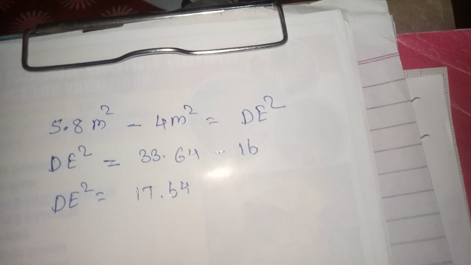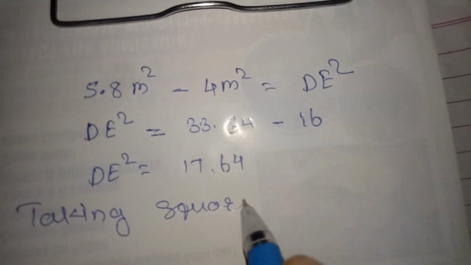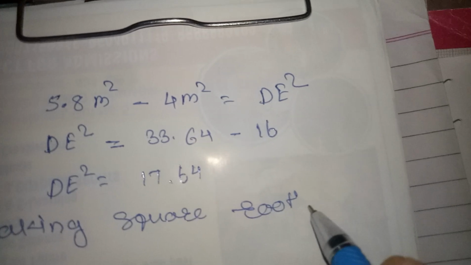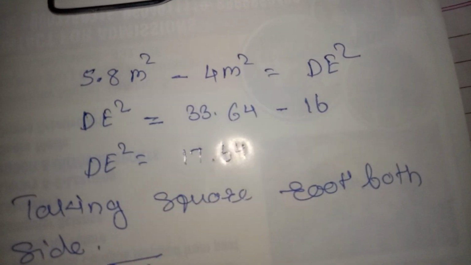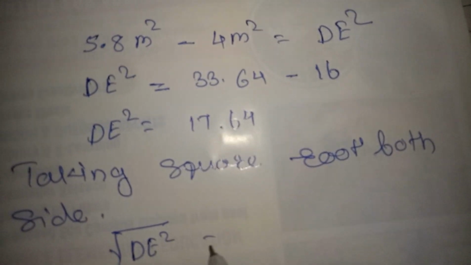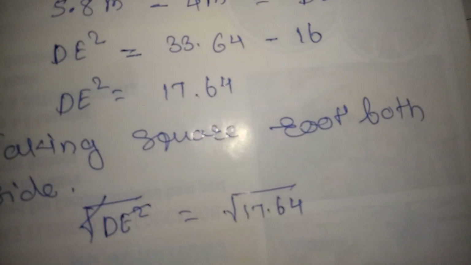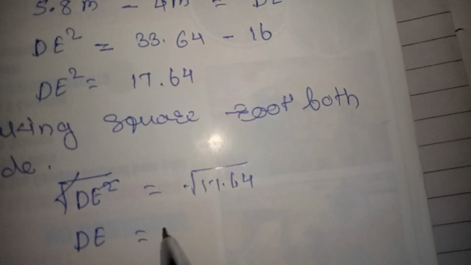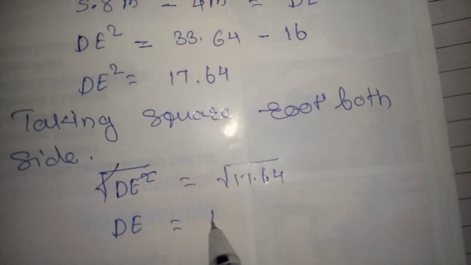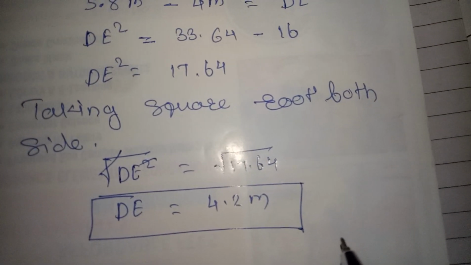So we have to find only DE. हमें सिर्फ DE फाइंड करना है. तो क्या करना होगा, दोनों साइड को हमें स्क्वायर रूट लेना पड़ेगा. तो देखिए अंडर रूट DE स्क्वायर इज इक्वल टू अंडर रूट 17.64. तो DE स्क्वायर और स्क्वायर रूट हो जाएगा कैंसल. DE इज इक्वल टू अंडर रूट 17.64, and its square root is 4.2 meter. So we got the length DE.